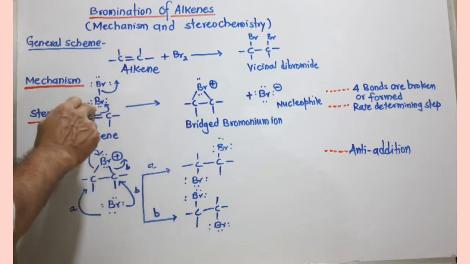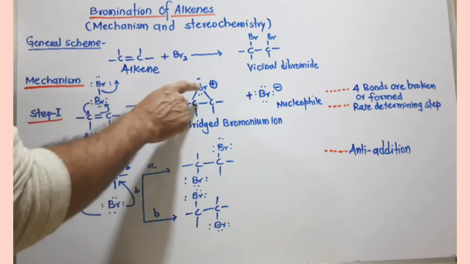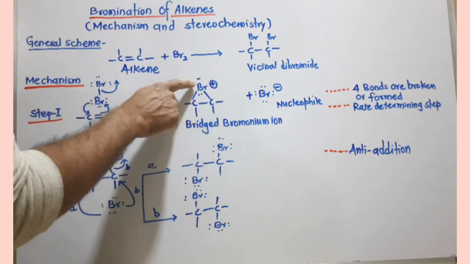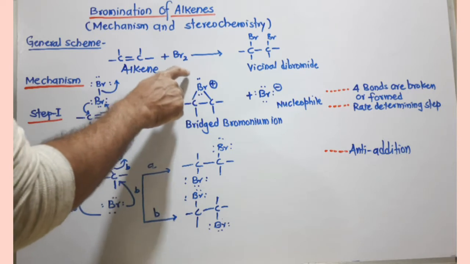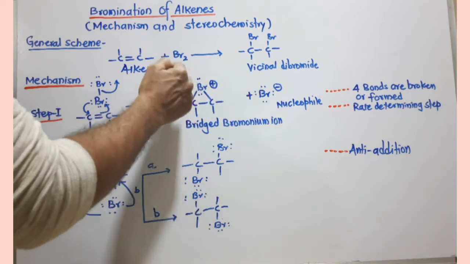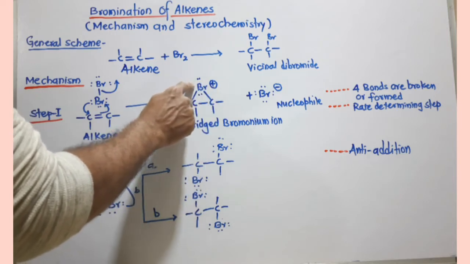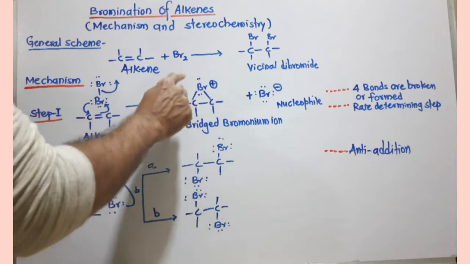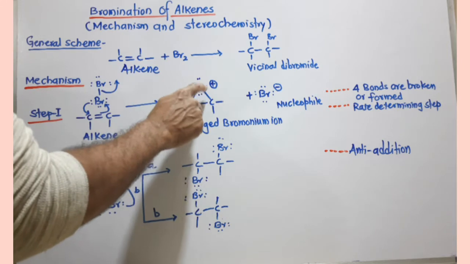We need 7 electrons for neutral Br. But here in this molecule, Br has 6 electrons around it, so 1 electron is less. So we have to write a positive charge over this Br. Because of this, positive charge is developed over this Br.